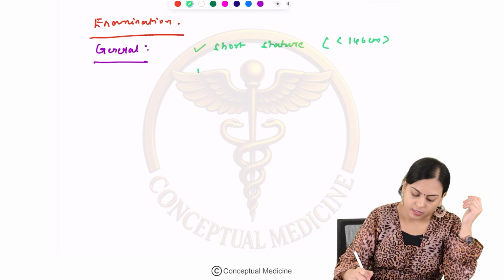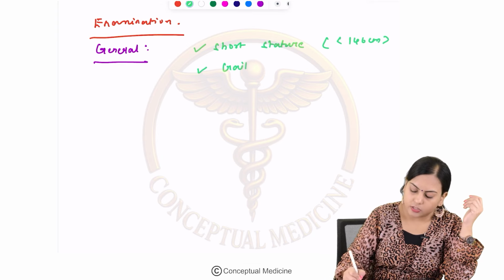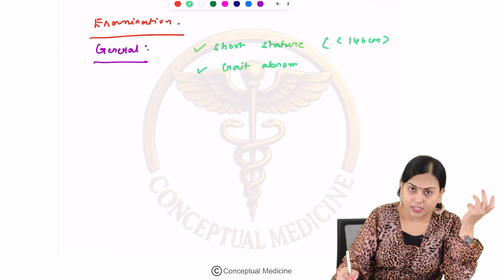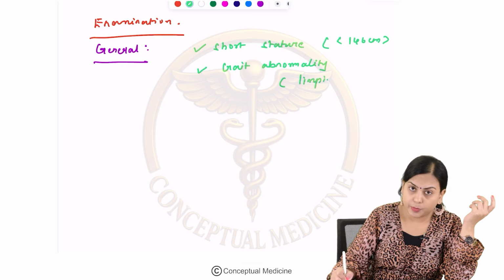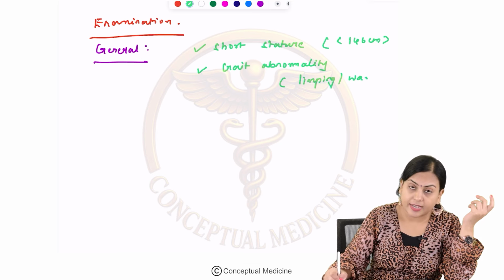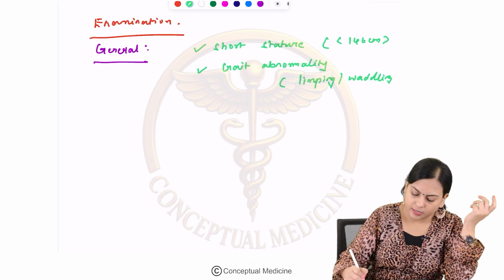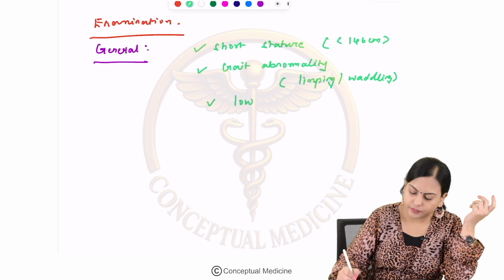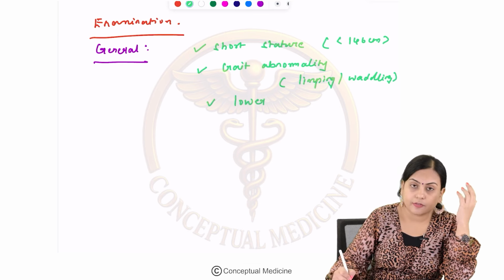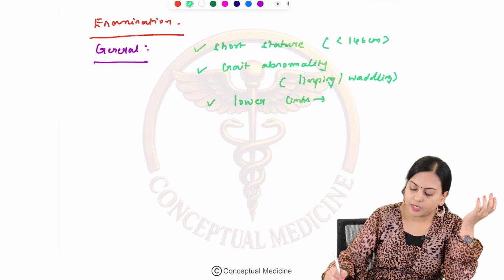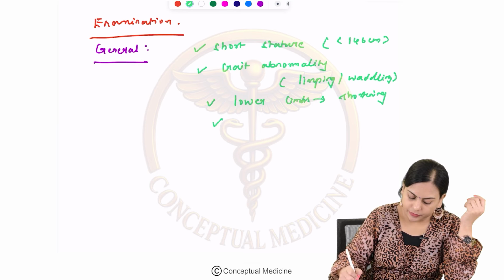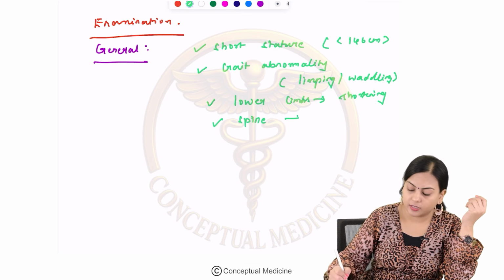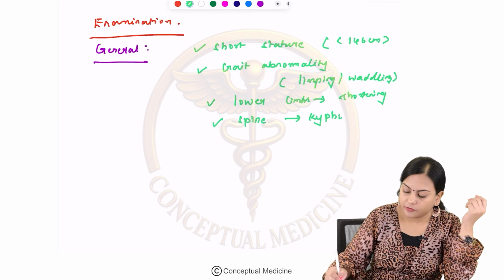Then sometimes she may even have a gait abnormality, like a limping gait or waddling gait. Then if you inspect the lower limbs, there can be shortening of the lower limbs. And finally, when you do a spine examination, there can be kyphosis or scoliosis.